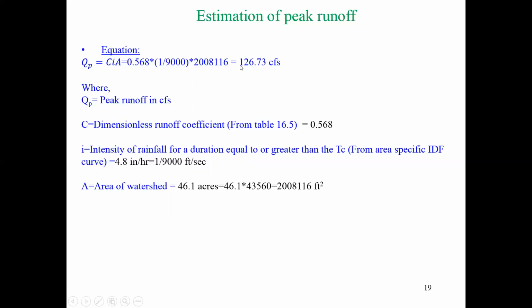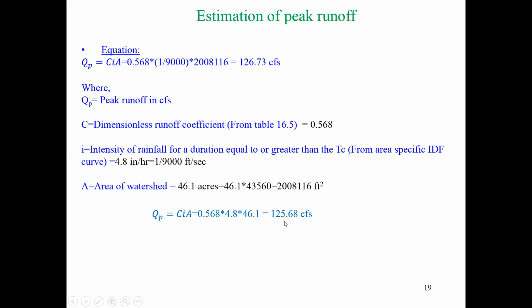That is kind of a large flow. And if you notice, the area is less than 50 acres, so we can actually use the rational method. Now I will show you one thing. Here I converted the I and area into the standard unit, but if I keep those in their original unit, I'm still getting 125.68, which is pretty close, right?